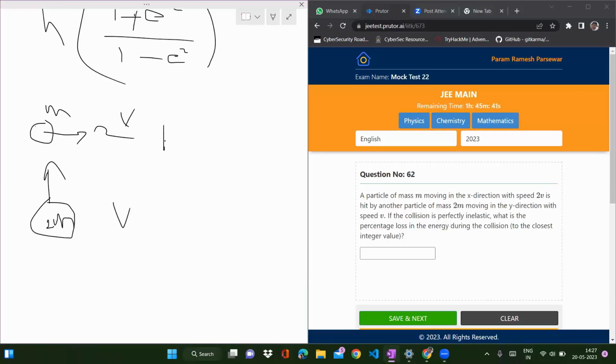So the initial momentum P initial can be written as 2mv i cap. We are writing considering the coordinate system like this: this is x-axis, this is y-axis, positive y and positive x.